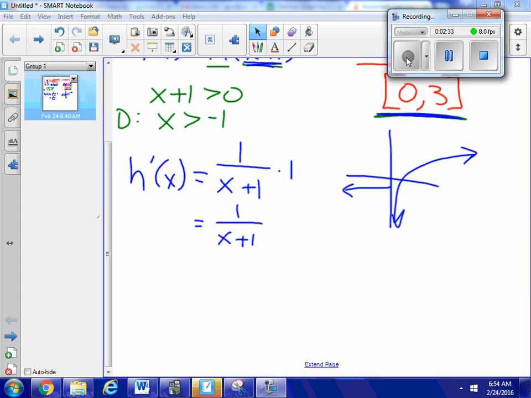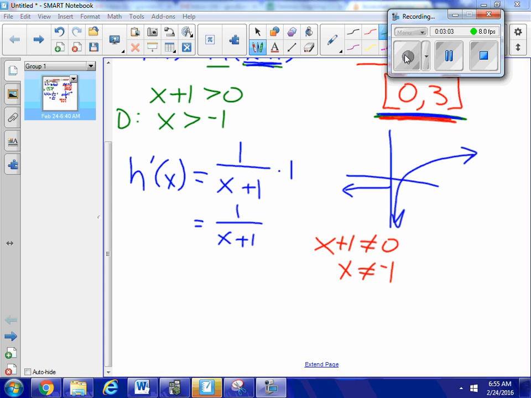And once I found the derivative, I want to look at it again and find out, well, what is the domain of the derivative? Well, I have a denominator here, so I know that my denominator, x plus 1, cannot be equal to 0. So x cannot be equal to -1. But again, I don't really need to worry about it here because it's not in my interval.